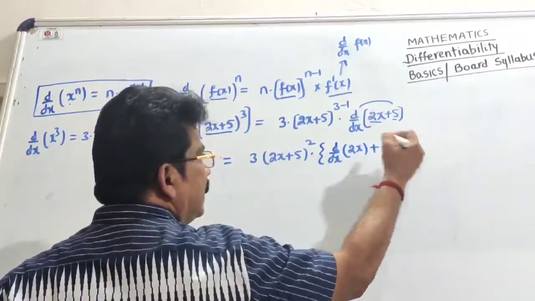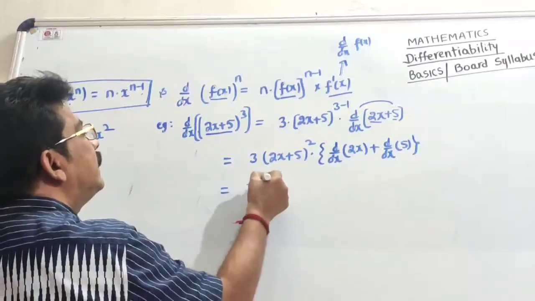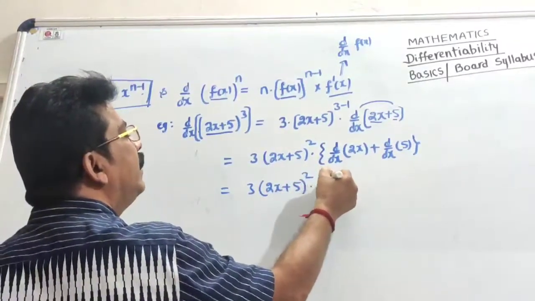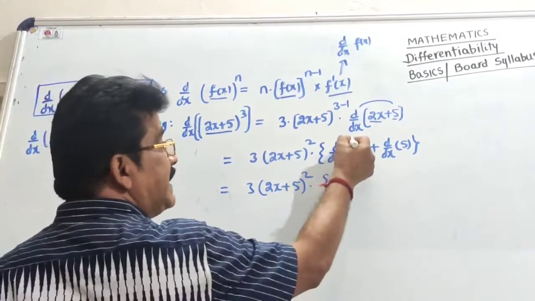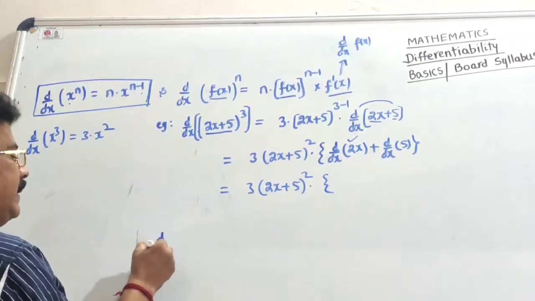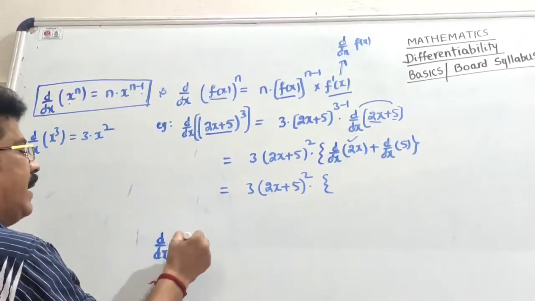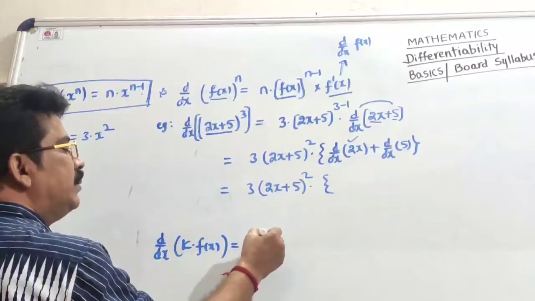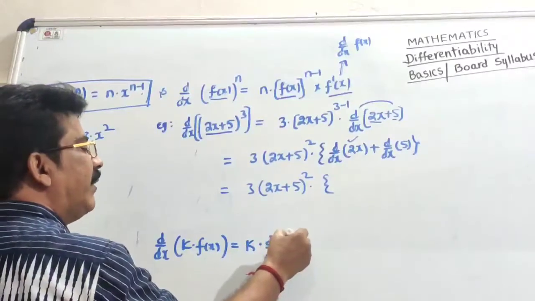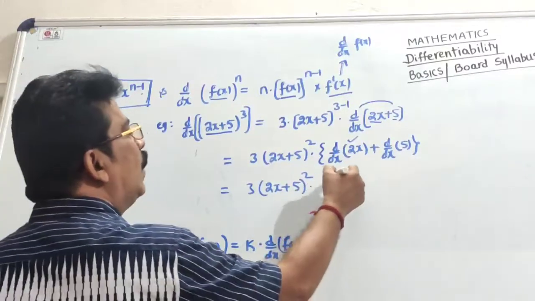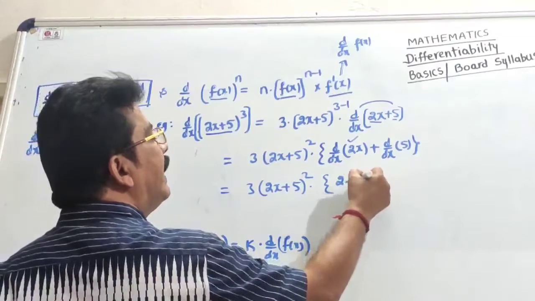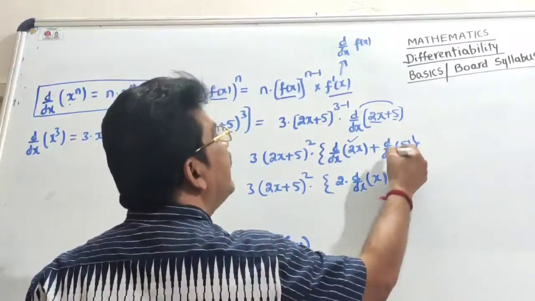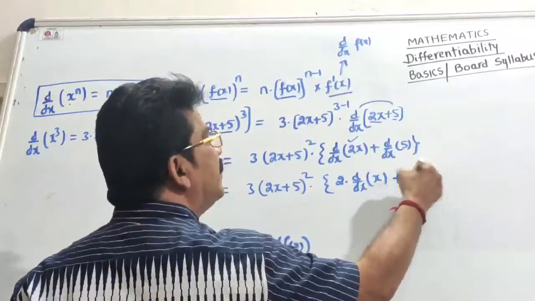So that is equal to 3 into (2x plus 5) whole square into d by dx of 2x plus 5. This is in the form d by dx of k into f of x equals k into d by dx of f of x, and d by dx of a constant is already 0.